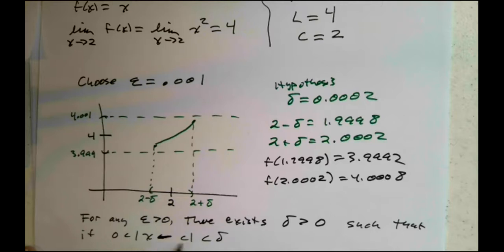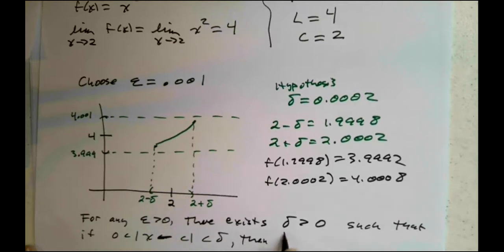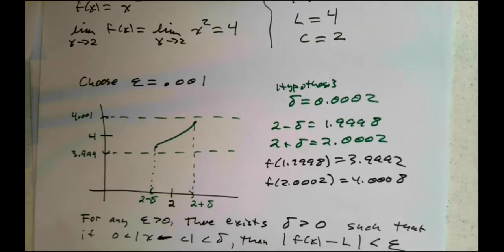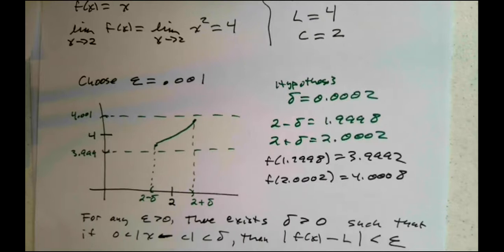For any x in that interval other than c, then absolute value of f of x minus L has got to be less than epsilon. We've shown it for two epsilons. Again, not a proof. We'll do a proof of a similar problem shortly, but that's our basic idea.